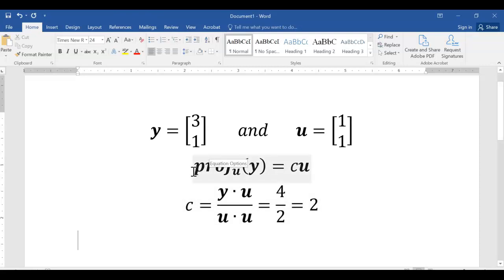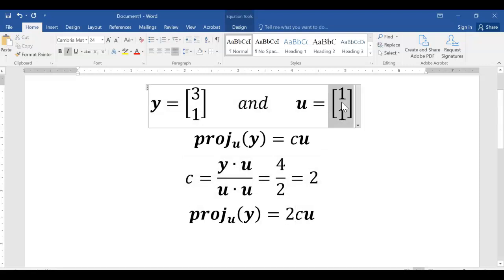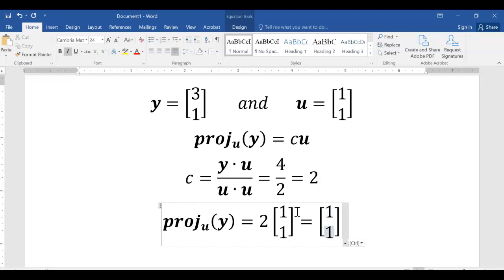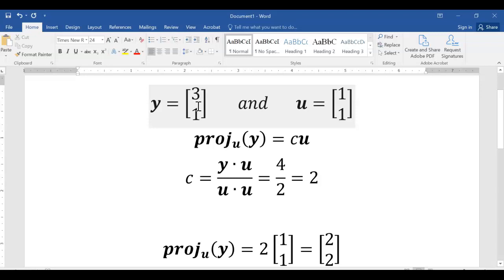So the projection of y onto u is just going to be 2 times this vector (1, 1), which is obviously the vector (2, 2). So the projection of y onto u is (2, 2), and we can find the component that is orthogonal to u by just taking (3, 1) minus (2, 2).